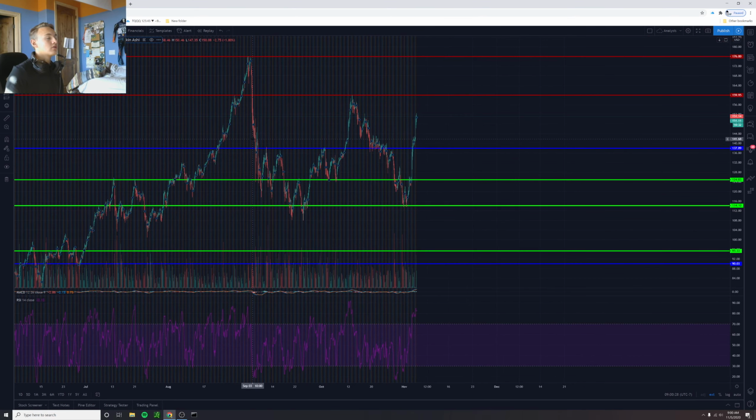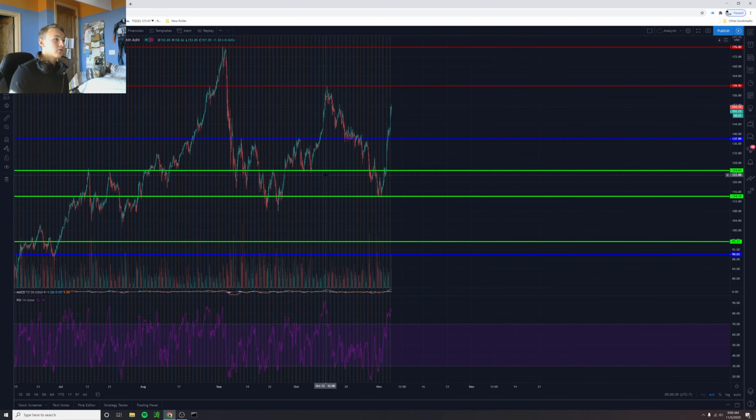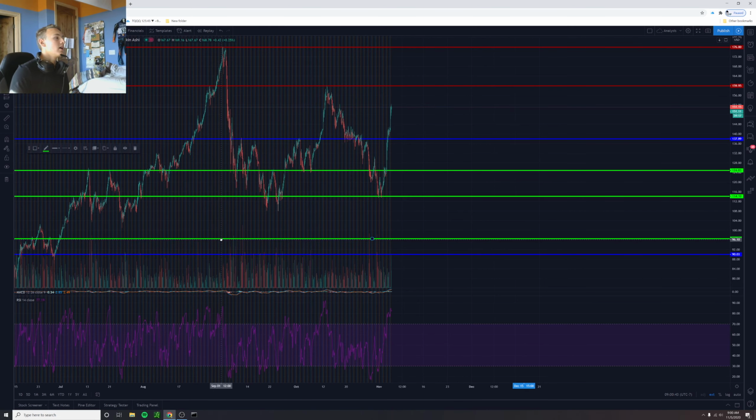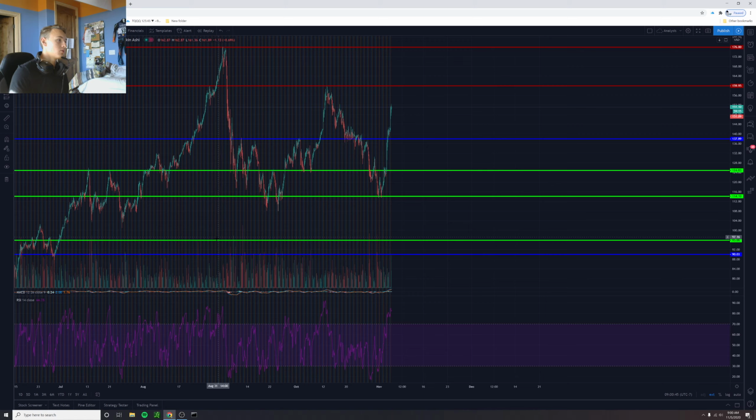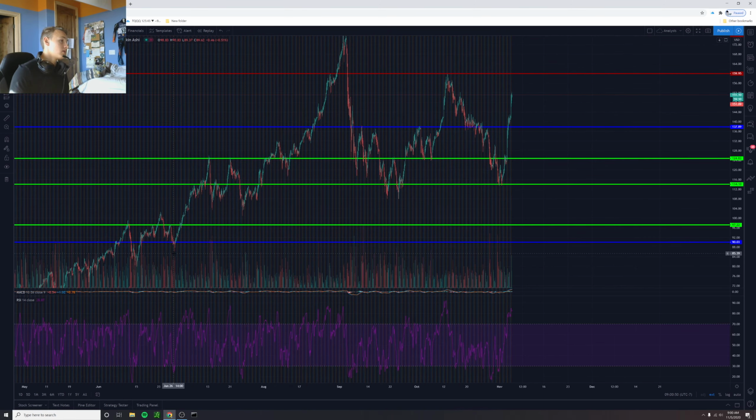The reds mean they're strong resistance points. The blue means it can go either way, and it's really just up to random. Then the green is a strong support, and it has pretty much always been a strong support.